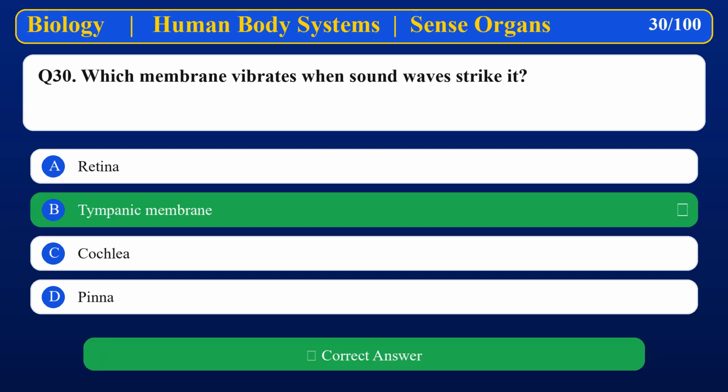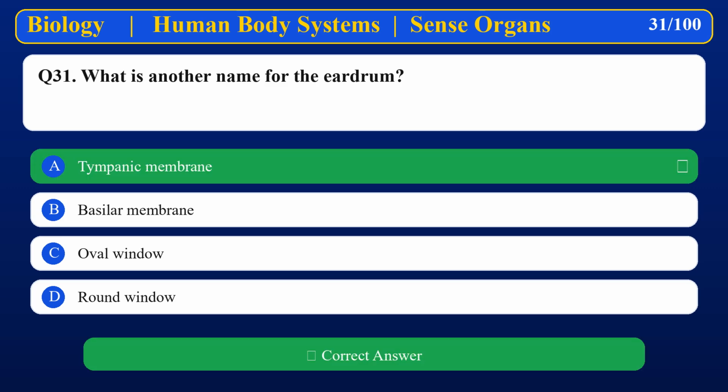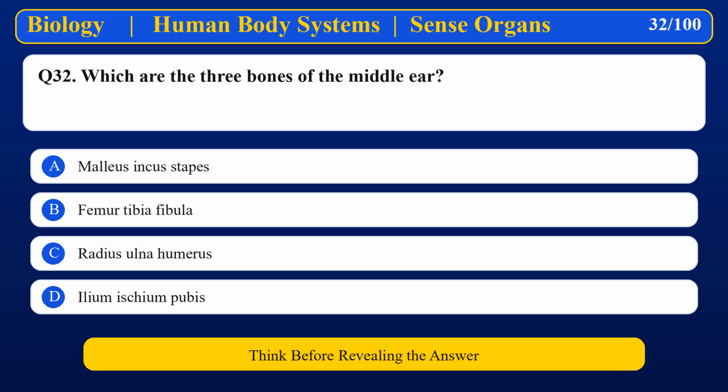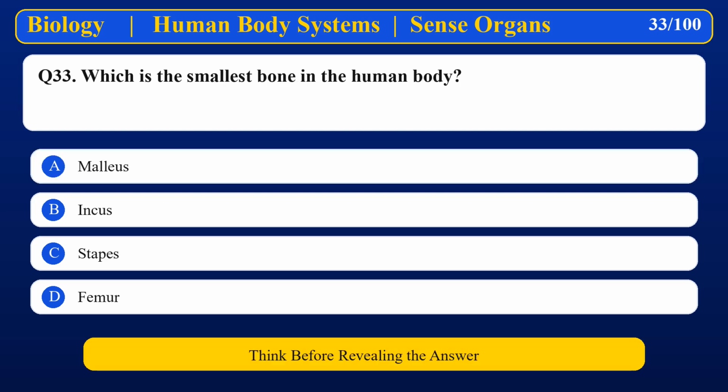Tympanic membrane. What is another name for the eardrum? Tympanic membrane. Which are the three bones of the middle ear? Malleus, incus, stapes. Which is the smallest bone in the human body?